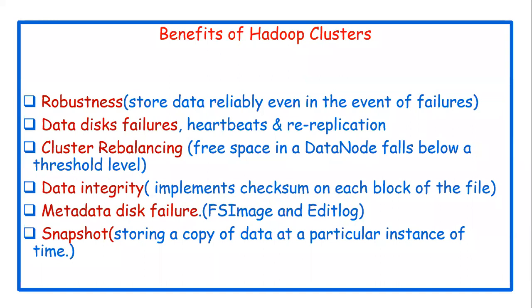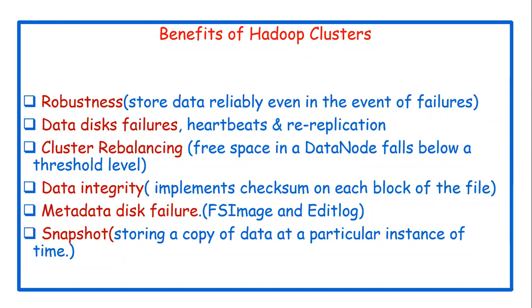That is why, whenever a failure happens, whenever some dead situation happens, there is no human help. It can solve by itself. That is called robustness. So data is stored reliably, even though failures will happen. Next one is data disk failures.